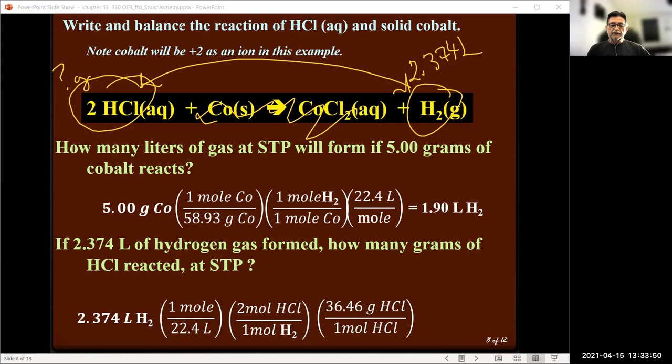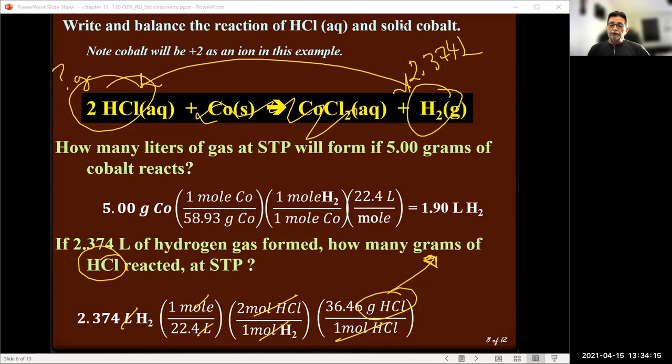Now, once I got that set up, I want to check my units. Liters cancel there. We're good there. Moles of gas cancel. Moles of HCl cancel. We are left with grams of hydrochloric acid because that's what the question asked us to put us in, grams of hydrochloric acid.